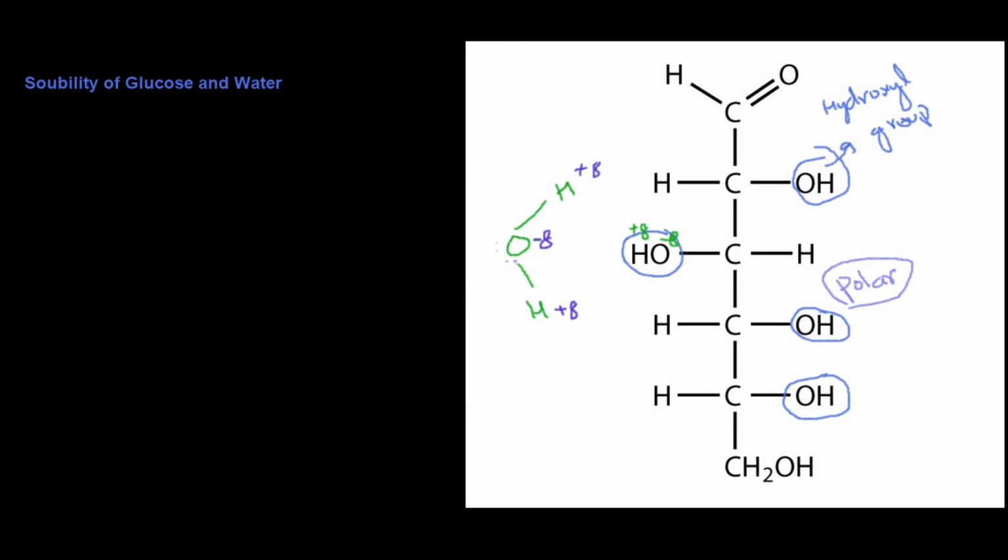They will make a hydrogen bond. This water will make a hydrogen bond with the oxygen atom of glucose. Hence, because of these hydrogen bondings, water would dissolve glucose readily.